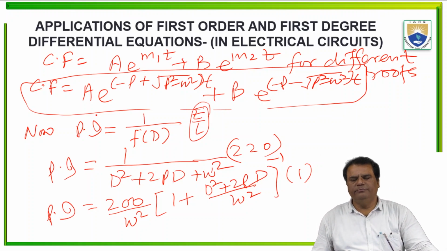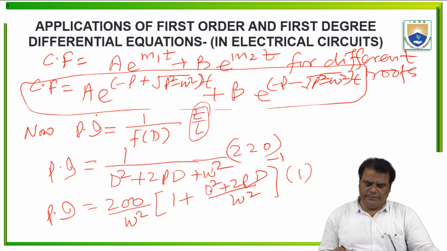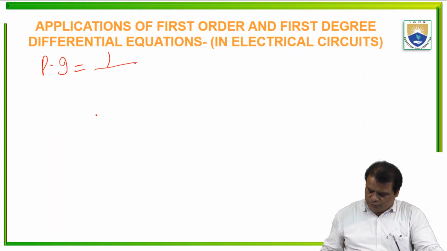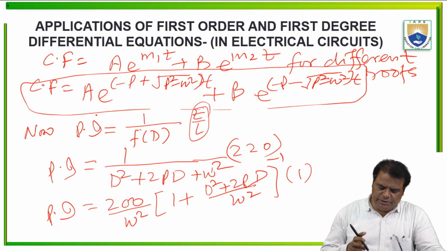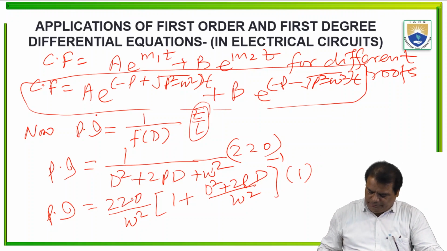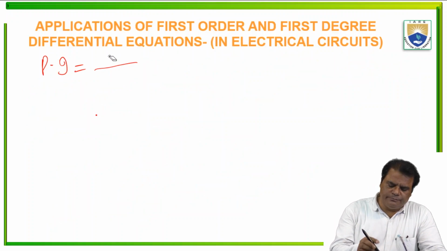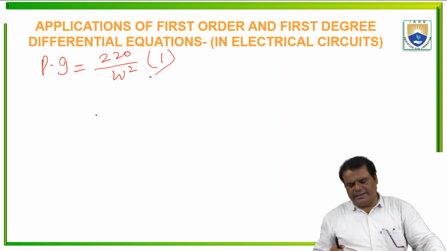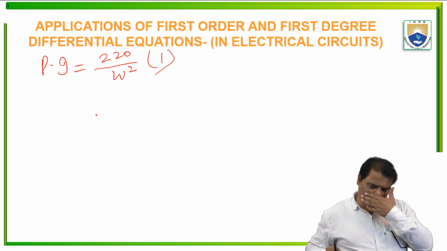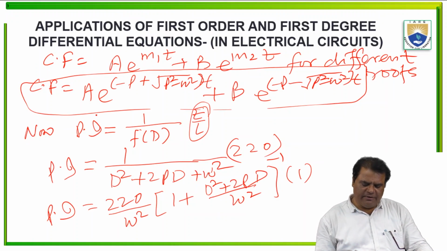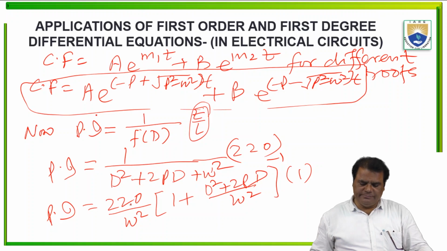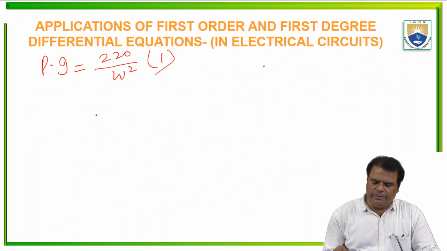So PI is equal to 220 upon w square, and taking the lowest power of D common, so 1 only. Here D is differentiation, and this is PI. Now we find the value of w.